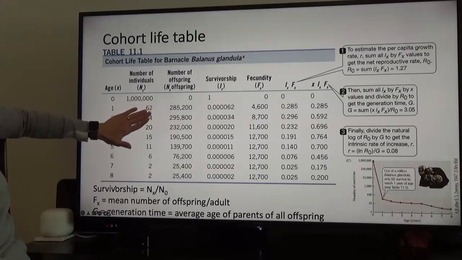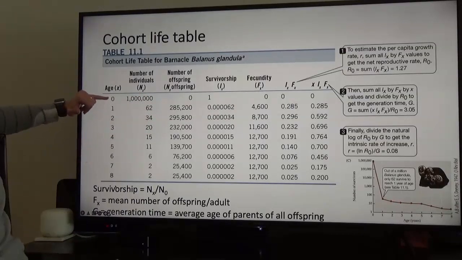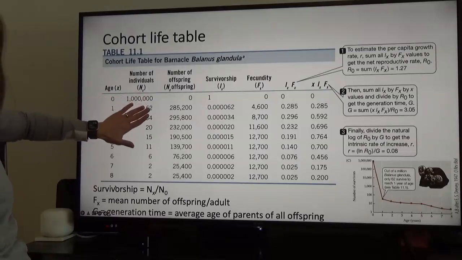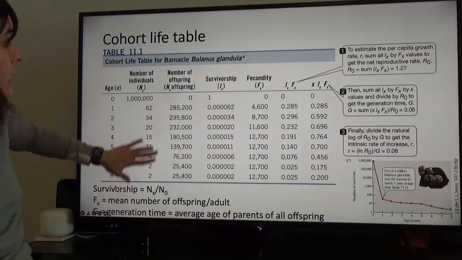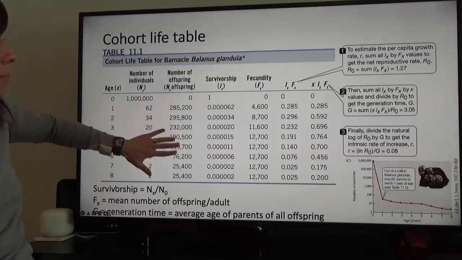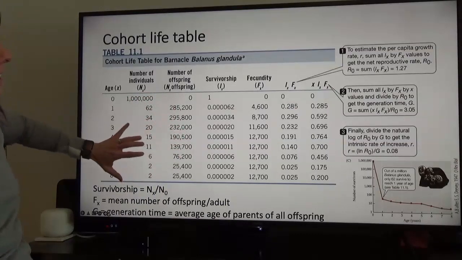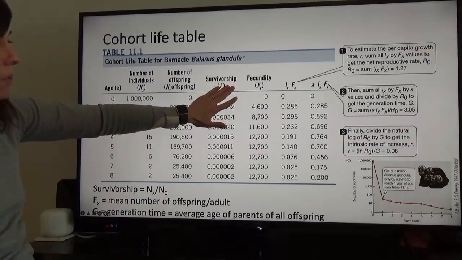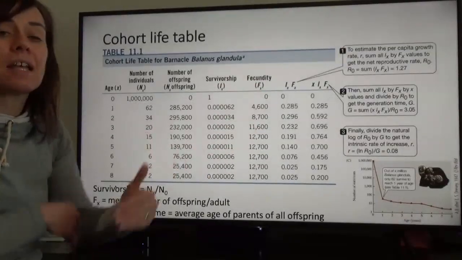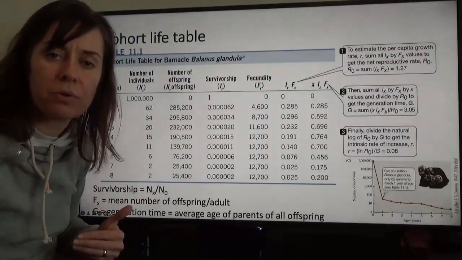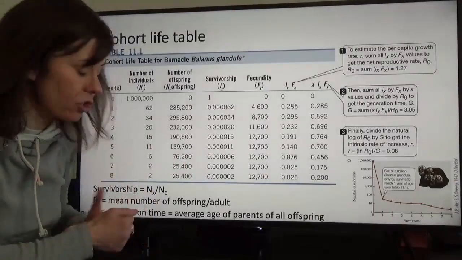And then as we go down through these ages, so we start with a population, this is the cohort that was born at time 0, age 0, and then we move through these different ages over the course of 8 years and look at the number of individuals that survive from 1 year to the next, the number of offspring that they produce, and this gives us a lot of information about survivorship and about fecundity, and then ultimately about that intrinsic rate of growth that we learned about in the last lecture.